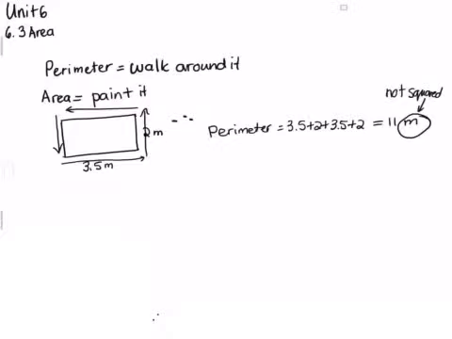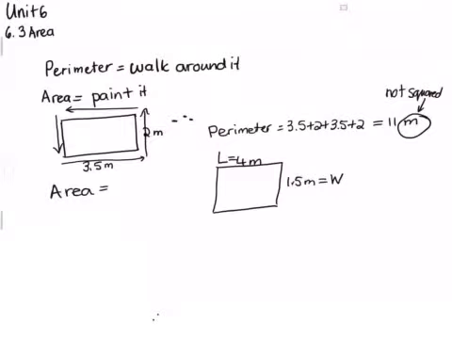Let's just take a new one, say I have a similar shape, but it's 4 meters long and 1.5 meters wide, then for area you need to know the formula. So we're going to say the longest side is called the length, the shorter side is called the width.